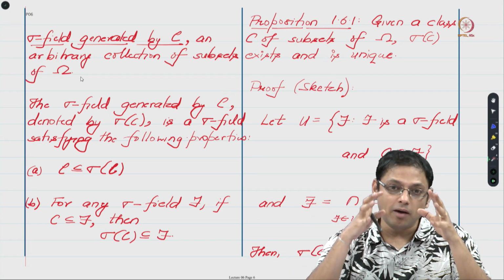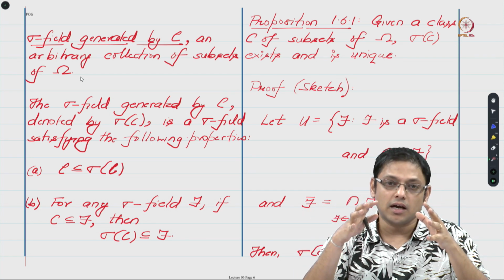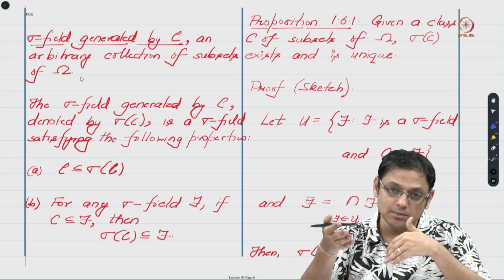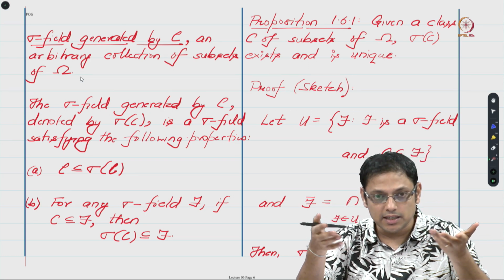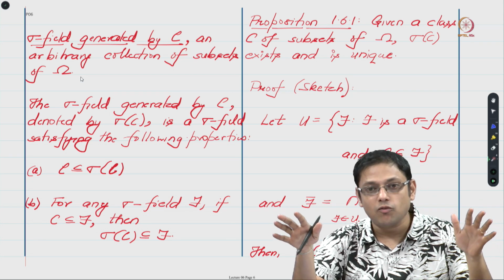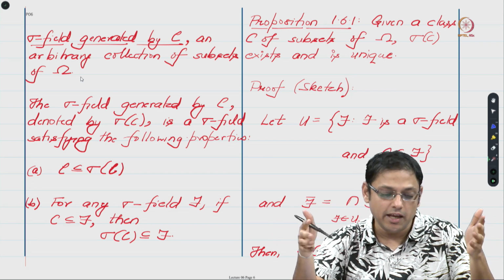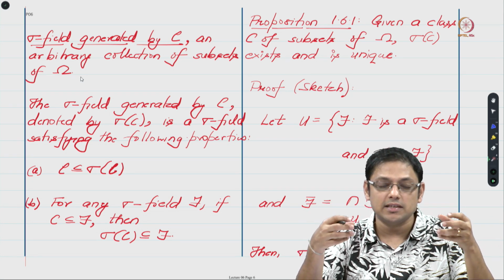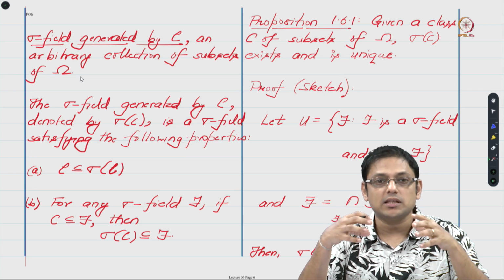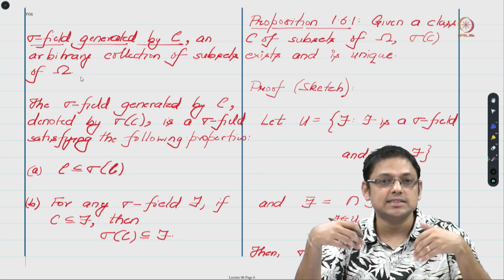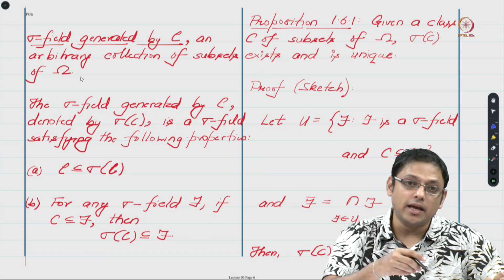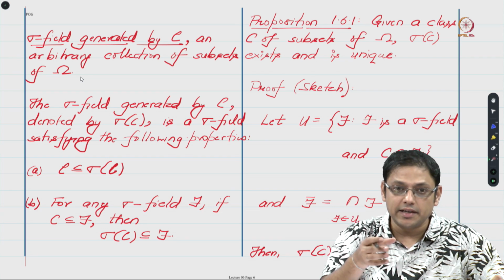Recall that a sigma field is a collection of subsets which satisfies some special properties. Let us say we have been given a C which does not have these special properties already, and the question we are interested in is, can we come up with a sigma field that includes this collection C? That is what we mean by a sigma field generated by C.